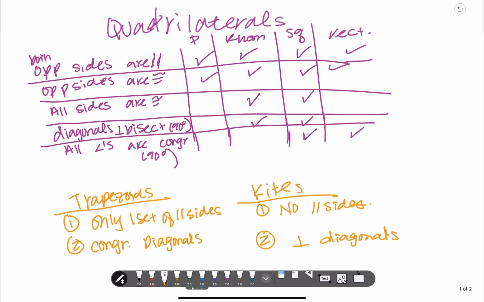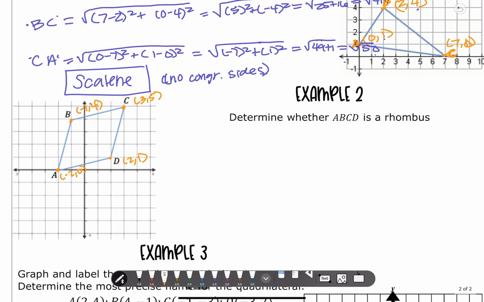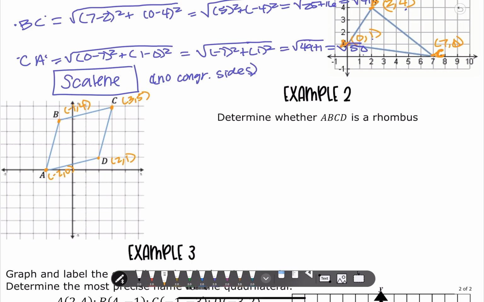All right, so this is kind of what we finished off our entire quadrilaterals chapter with. It was that little chart that we had and the flow chart. This is why we make that, so it makes it easier for us when we have things like example 2 here, where we're having to figure out whether this quadrilateral is a rhombus or not.